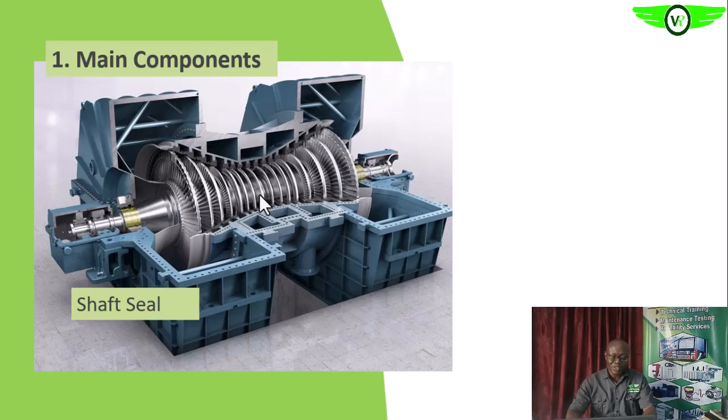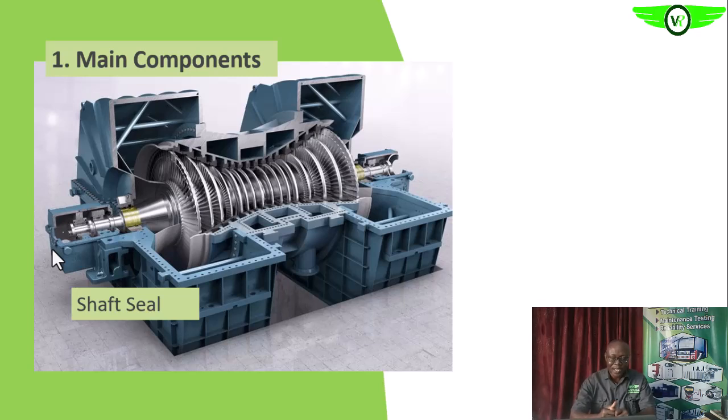Then another major component of the steam turbine that is very key to the smooth operations of the steam turbine is the shaft seal, or the sealing system. Remember, steam is injected into the turbine. Are we getting it? And remember, since we have this rotor shaft going through the casing, there must be an opening around that shaft to allow free rotation of the shaft.